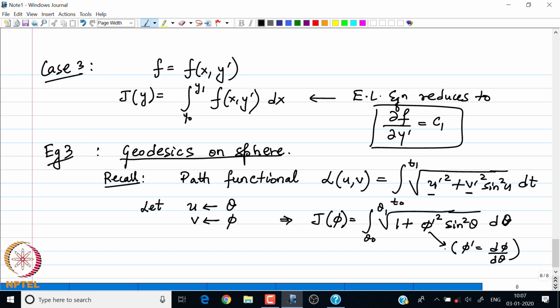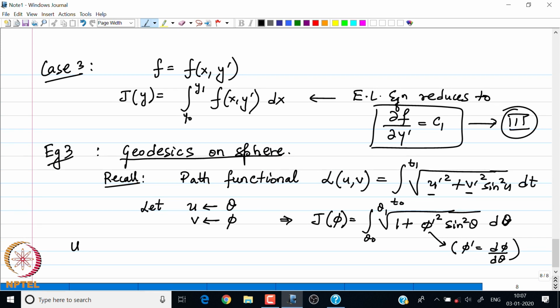So, what we have assumed is theta is our independent variable and phi depends on theta, right. So, we have completely removed the parameter t. So, instead of working in the parametric form, we are now directly working in the two variables theta and phi, right. So, let me call this boxed expression 3.